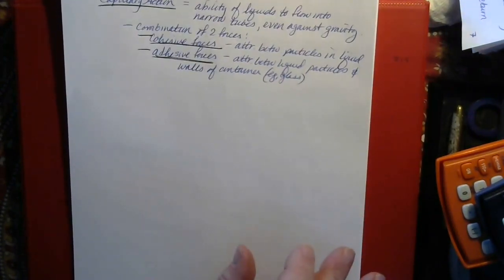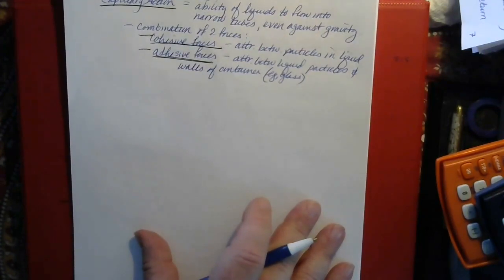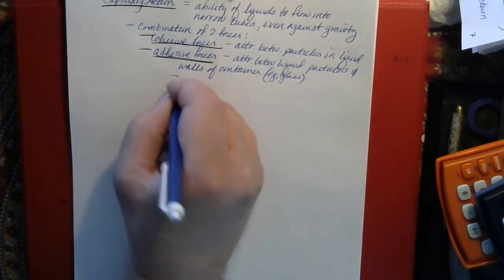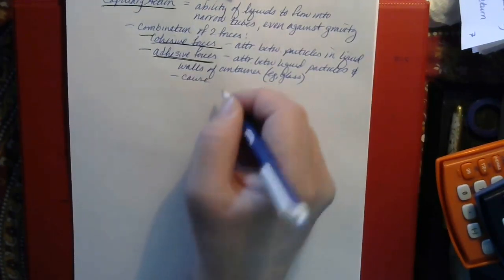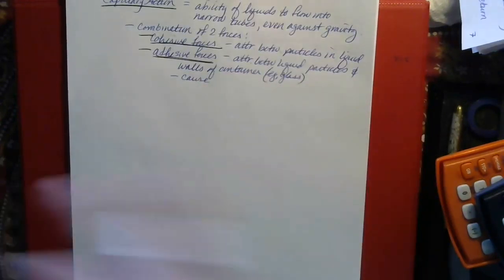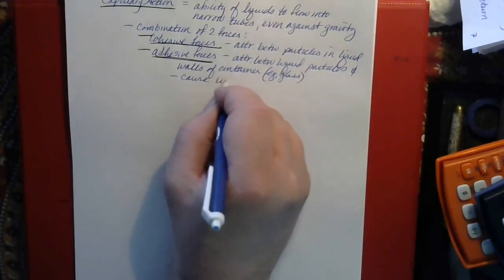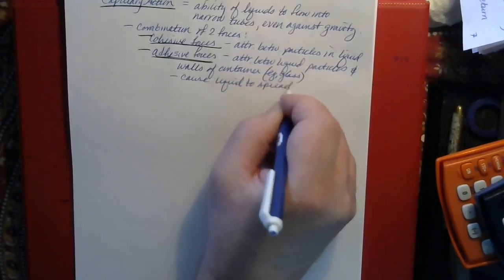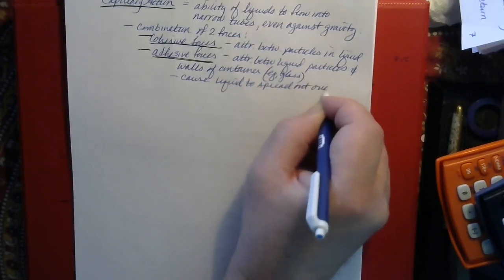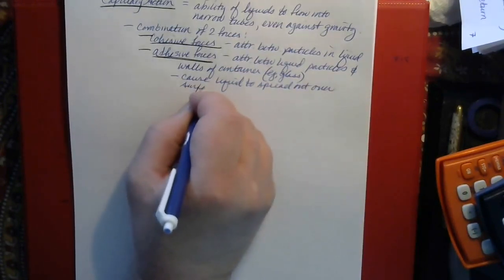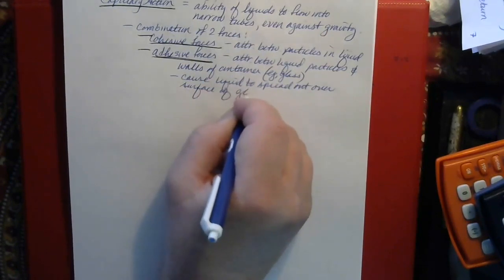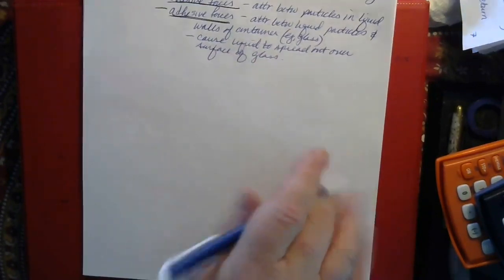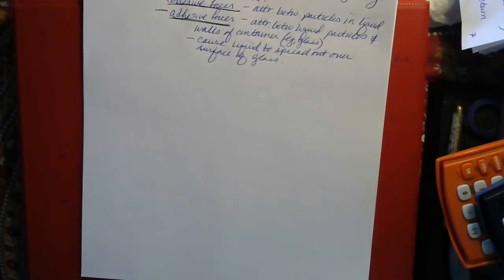Okay, so in most cases we'd be talking about glass as the surface of the walls of the container. The adhesive forces will cause the liquid to spread out over the surface of the glass. And there are a couple of possibilities here now.